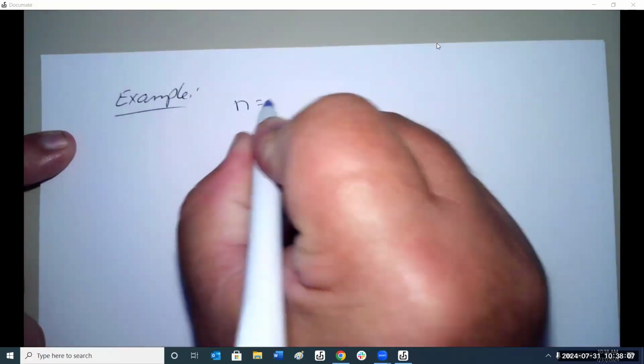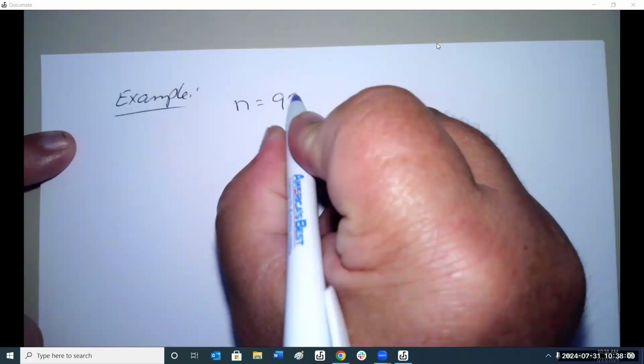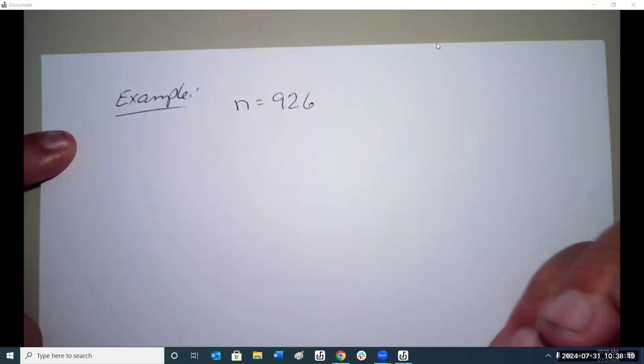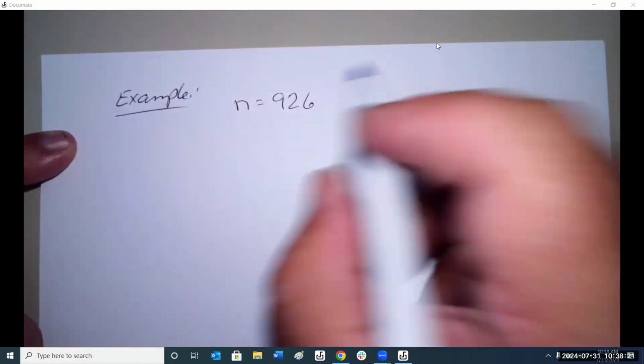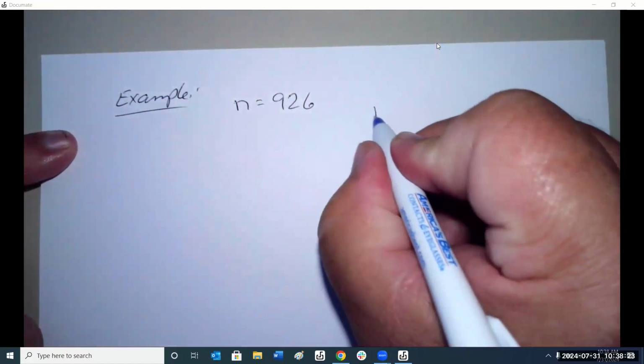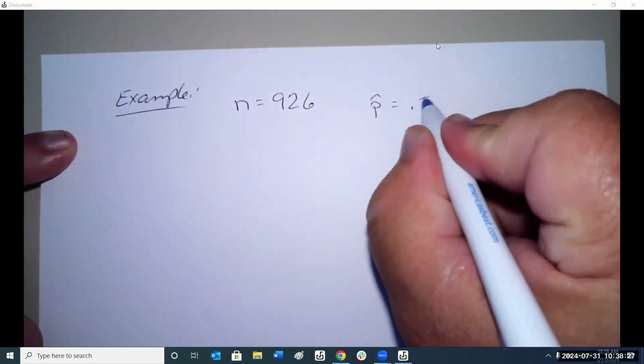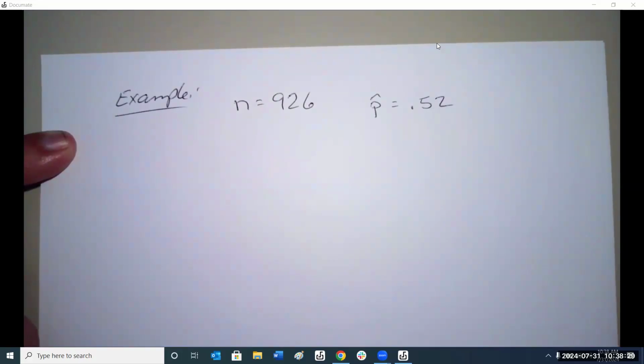So here's an example, the chapter example, about people who think we should need multiple factors of authentication for computers. Our N is 926. The P hat is 0.52.